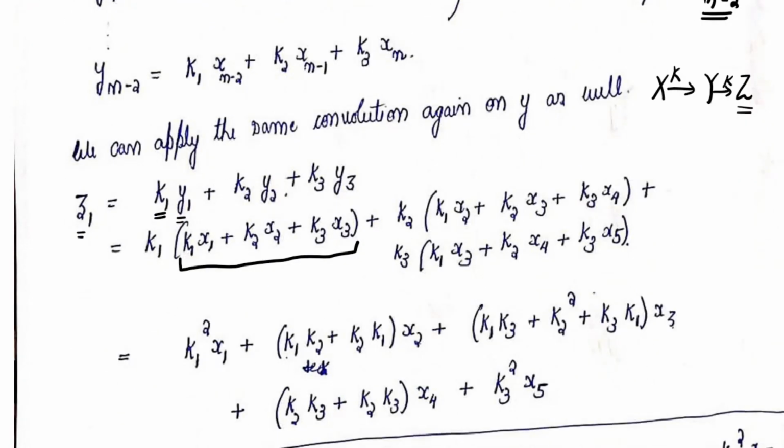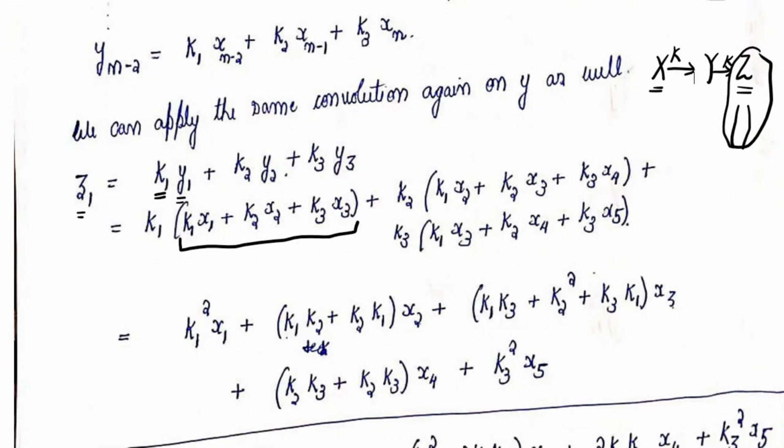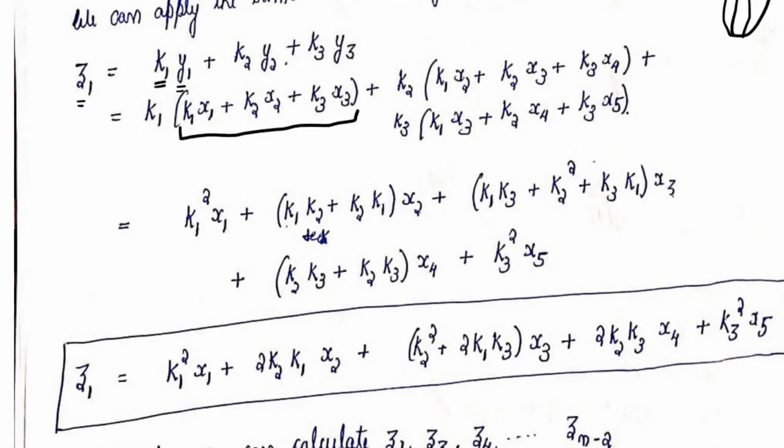We solve a bit further, and then we come to the conclusion that the value of the vector at the third stage is very much dependent on the values of the vector at the input stage. On solving further, I am able to express z1 as a sum of coefficients of some kernel, the kernel is not yet known, with the input parameters.